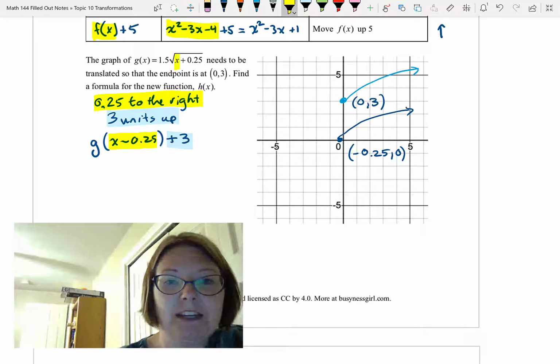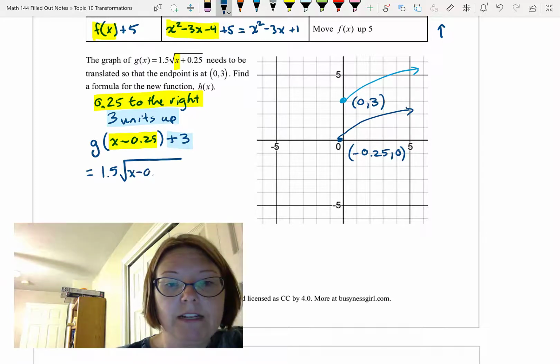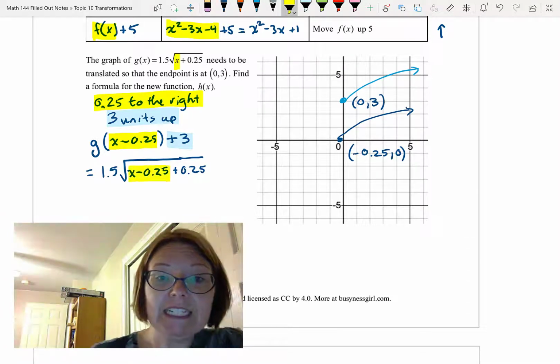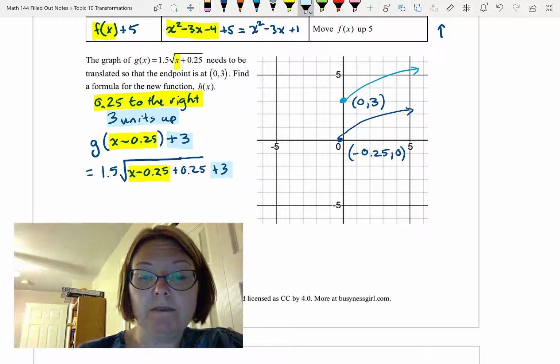We're going to plug in the x minus 0.25 for the x. So I'm writing down g of x with the replacement: 1.5 times the square root of x minus 0.25, and then there's a plus 0.25 that was already inside that, and then I want to add 3 to the outside because that came from the formula.